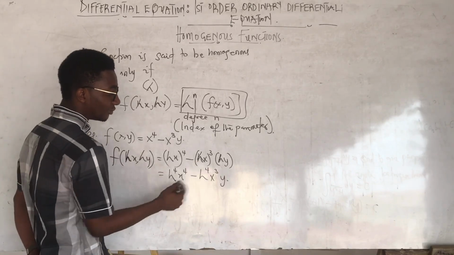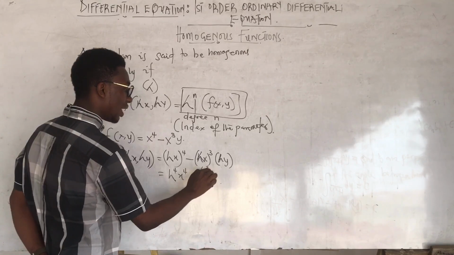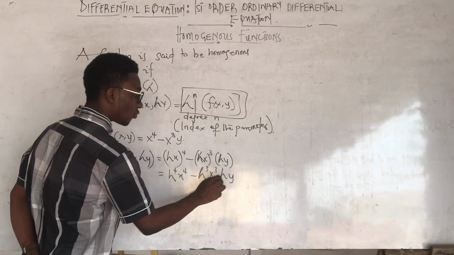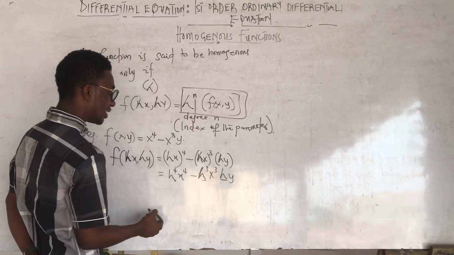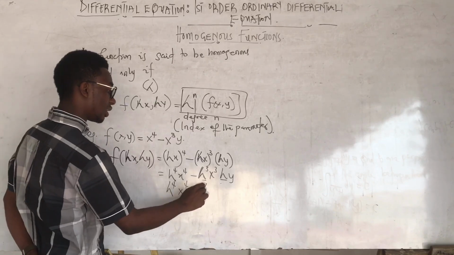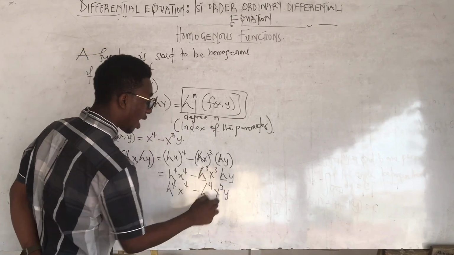Because the bases are the same, you add the indices: minus lambda 3 plus 1, that gives 4, x cube y.